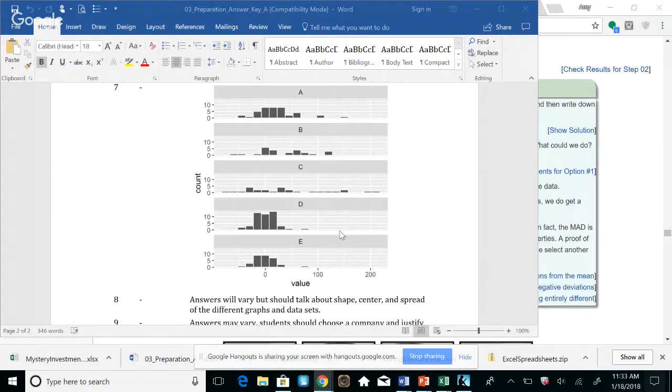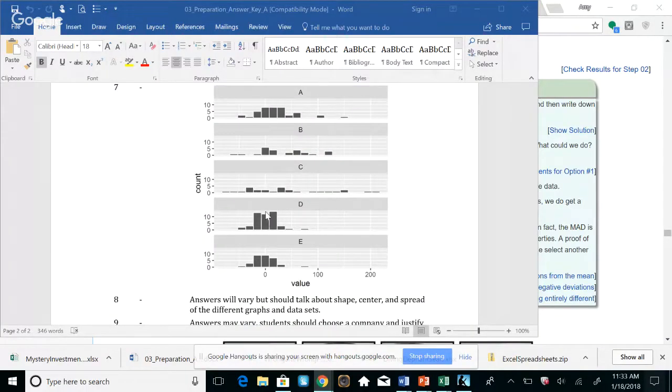I thought the left was the negative. Yeah. But my graph D doesn't look like that. Do I not have enough bins? Maybe I change mine to like a 10 instead.